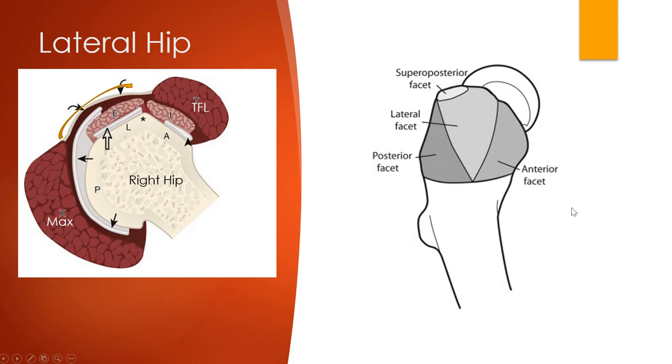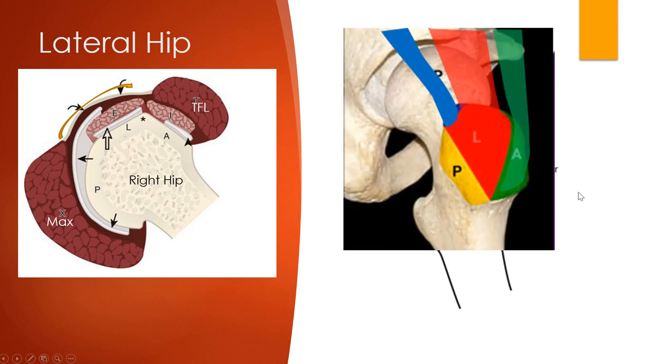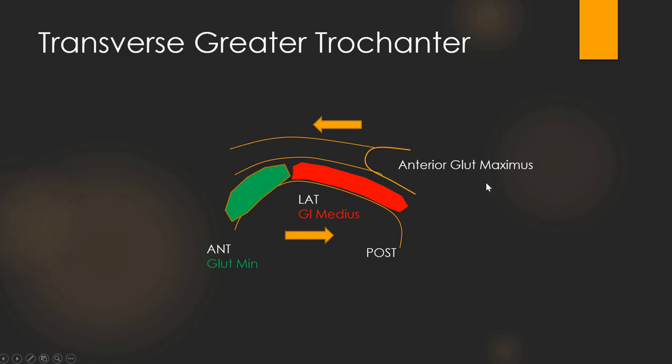So what we need to do is make the hip move so that we can see if there's any lateral click occurring out here. So this is minimus, this is medius, lateral facet in red. This is medius, the second tendon, the posterior superior facet, and the posterior facet is just the bare area. So we're going to see something like this.